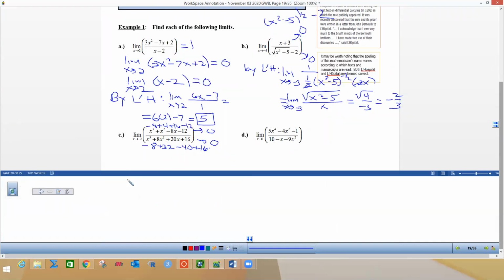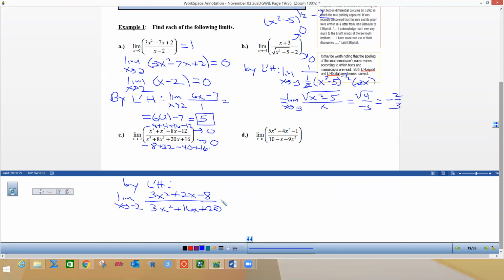So I say by L'Hopital, and you can abbreviate again, and I'm going to do the limit as x approaches -2. And I do the derivative here. So this is 3x squared plus 2x minus 8. And then I have 3x squared plus 16x plus 20. So now I'm going to plug -2 in here again.